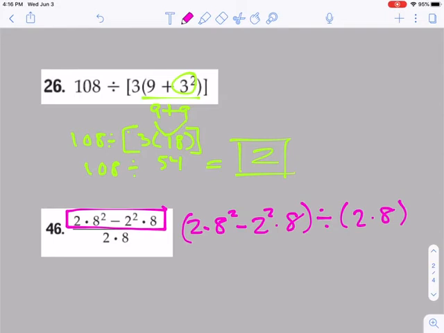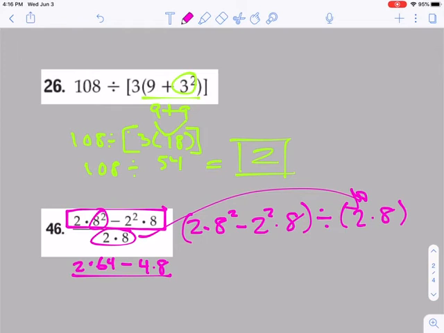So let's deal with the top. Let's go through and do our exponents first. So we're going to do 2 times 64, because that's what 8 squared is, minus, well, 2 squared is 4 times 8, and then that is over 2 times 8. Well, this is in a different set of parentheses, right? So we could do that too. We could do 2 times 8, and that's 16.